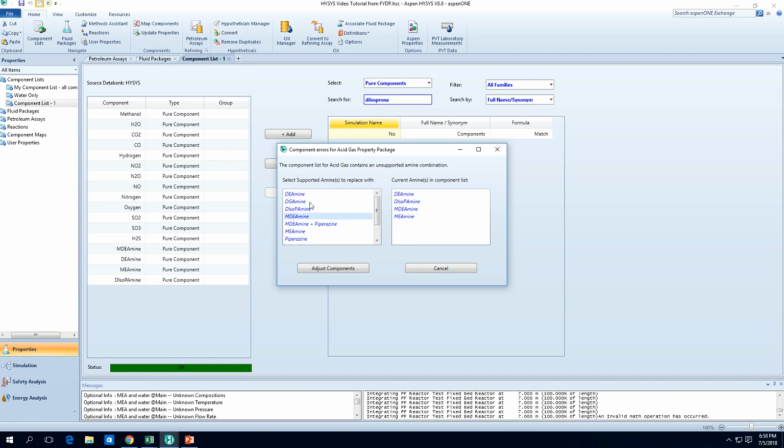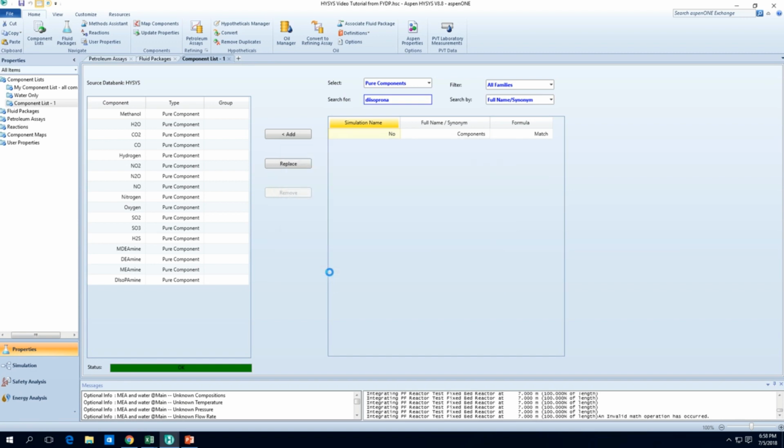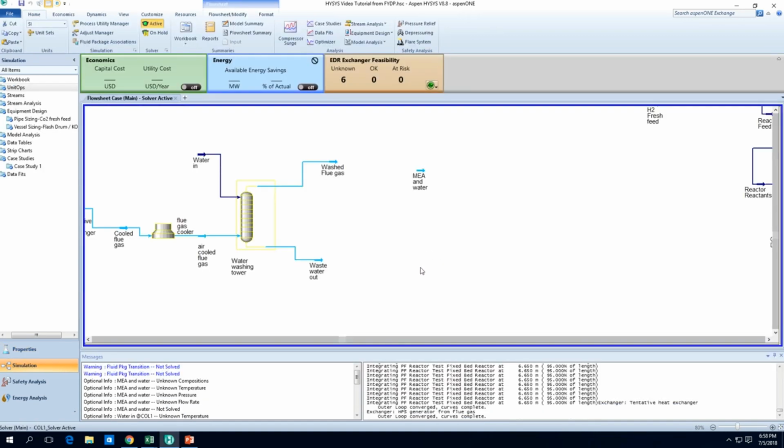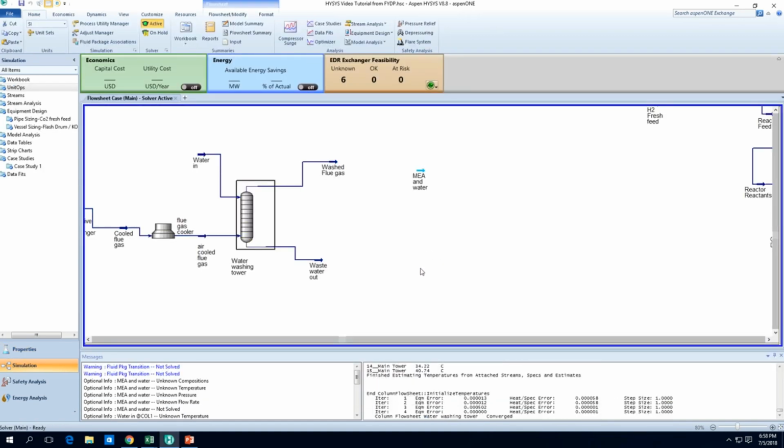So maybe we start with monoethanol amine. Then I think we will have to open a few other HYSYS files in order to do a comparison. So no, we don't want it in holding mode. I'm just going to let it converge.